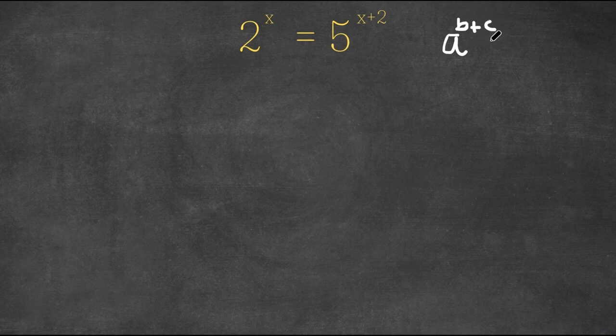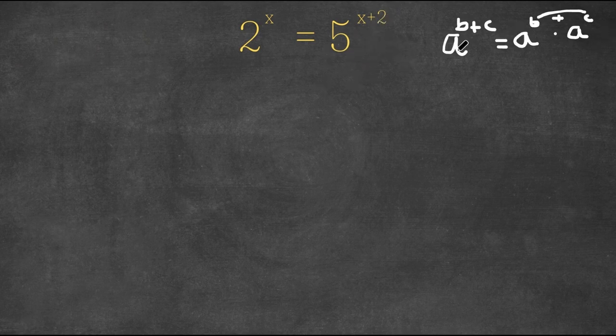An important property of exponents is that we can change this into a to the power of b times a to the power of c. Because remember, when we're multiplying exponents, we add these two. So all we're doing is simply reversing this. So that's what we're going to do to 5 to the power of x plus 2. We're going to reverse it back to its original form and expand it.